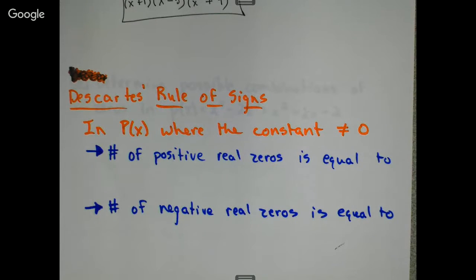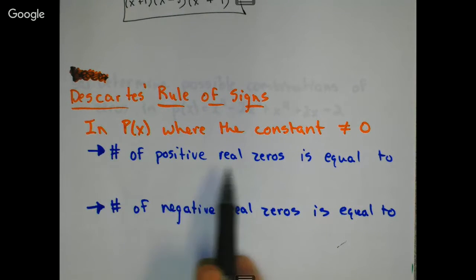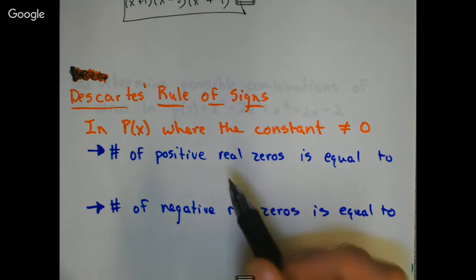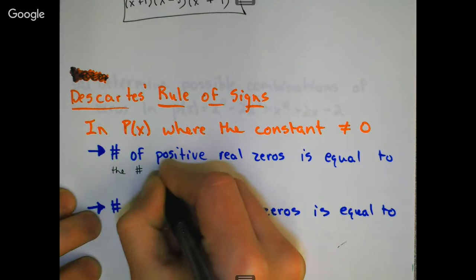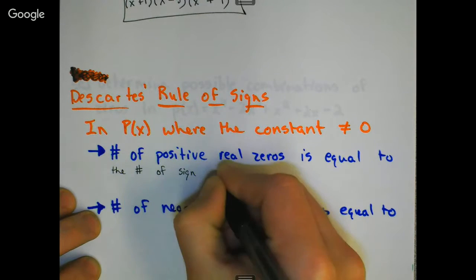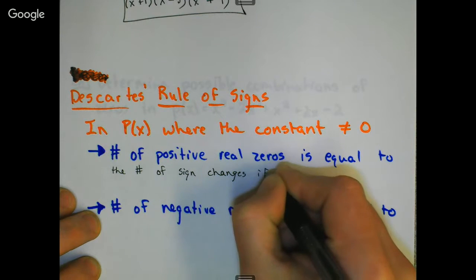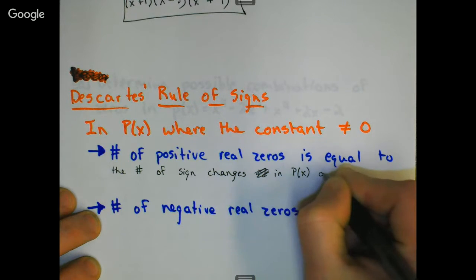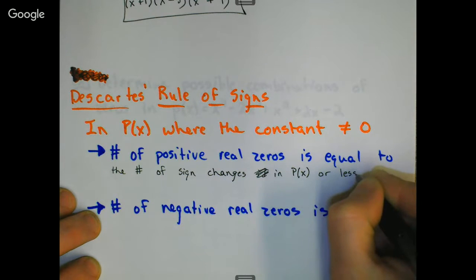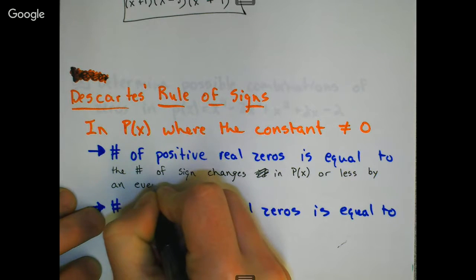In my polynomial where the constant is not 0, the number of positive real zeros is equal to the number of sign changes in P of x, or less by an even number.